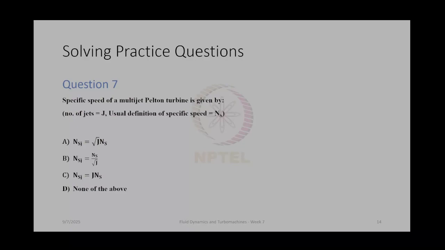Is it option A, Nsj equal to root j into Ns, or is it Nsj equal to Ns by root j, or option C, Nsj equal to j into Ns, or is it option D, none of the above?